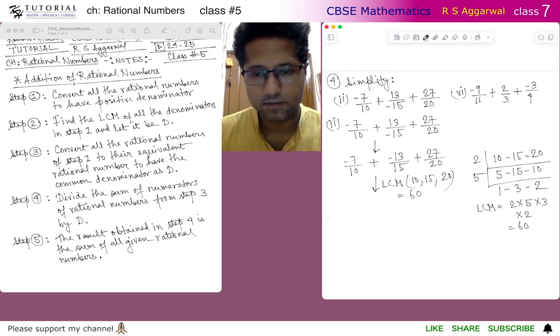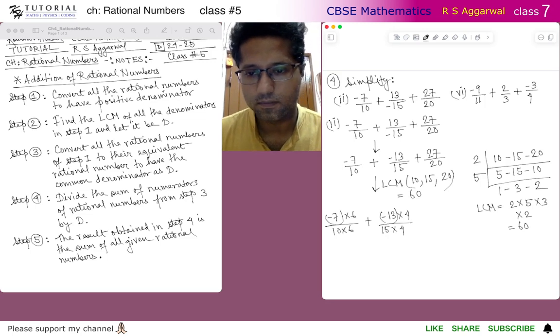So this becomes minus 7 into 6 by 10 into 6 plus minus 13 into 4 by 15 into 4 plus 27 into 3 by 20 into 3.